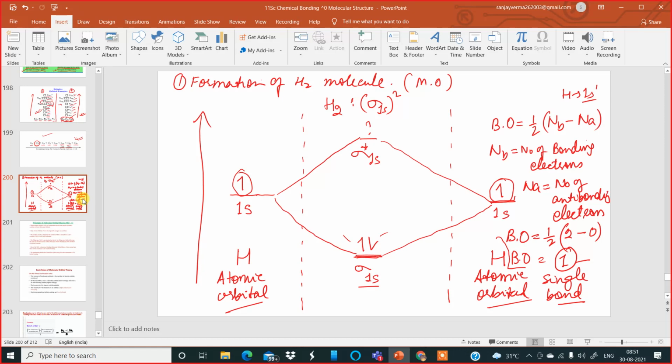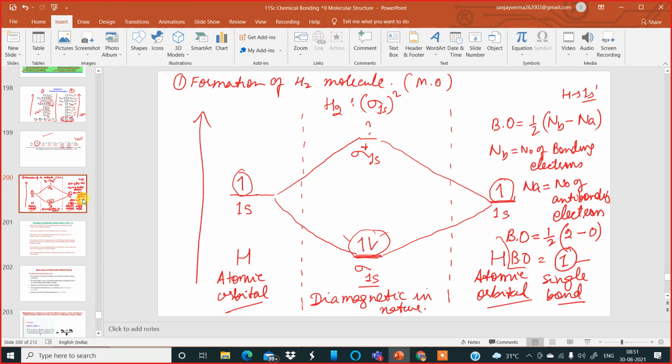And moreover, there are no unpaired electrons. Everything is paired. Therefore, hydrogen molecule is diamagnetic in nature, which means it is not affected by magnetic fields.